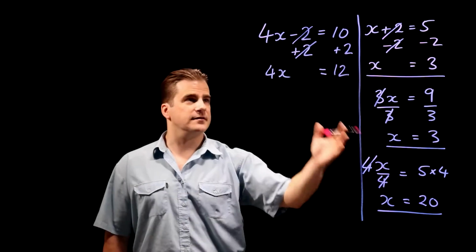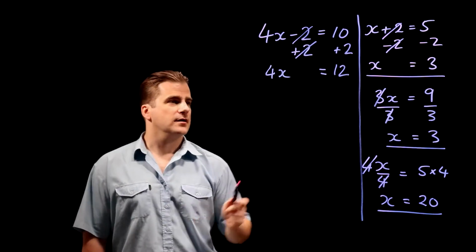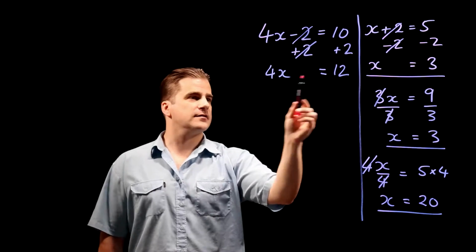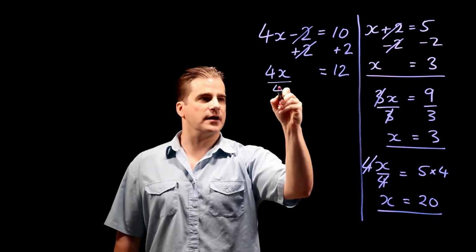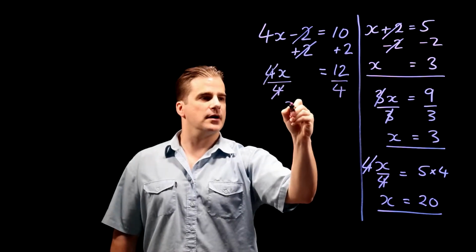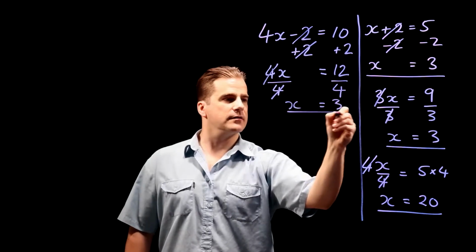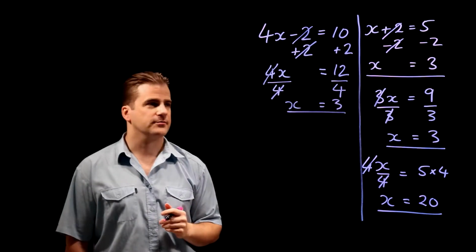Unlike these, we're not finished yet. We have more work to do. So let's divide both sides by 4, and that will get x by itself. Boom, boom. x equals 12 divided by 4 is 3. There you go, no problem.